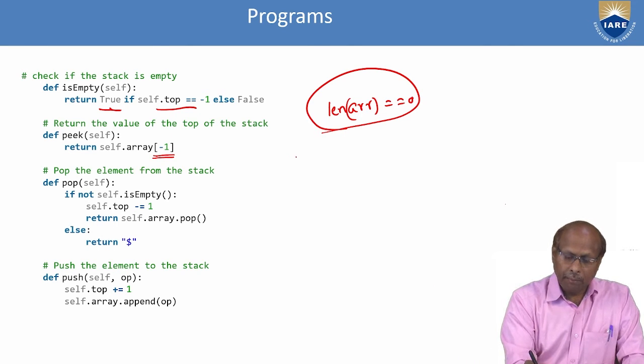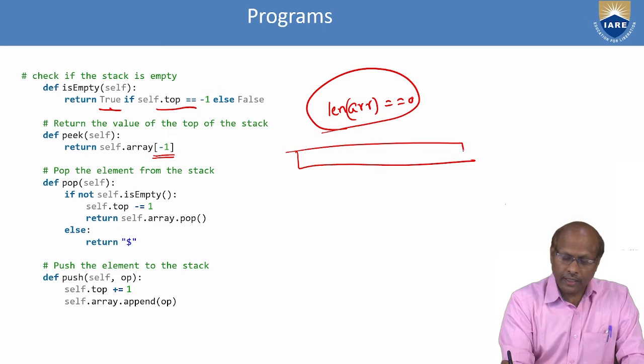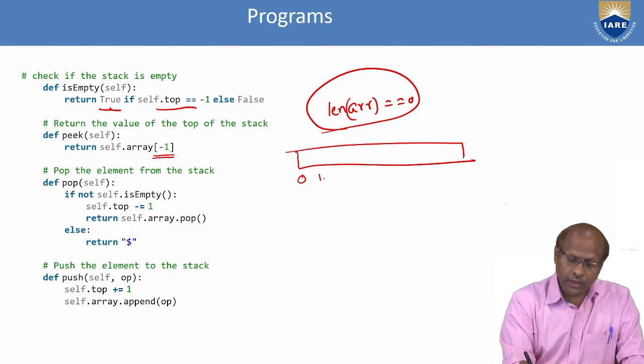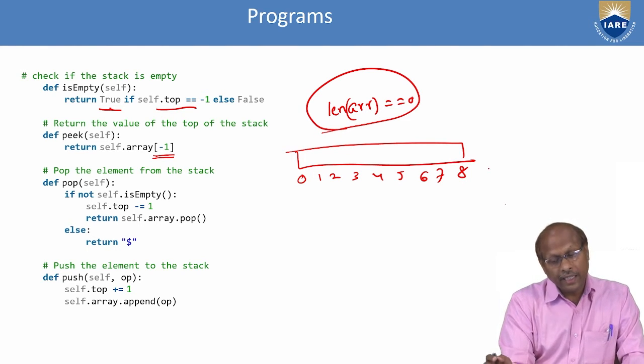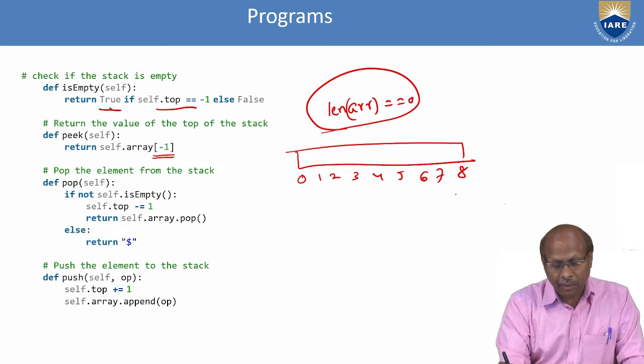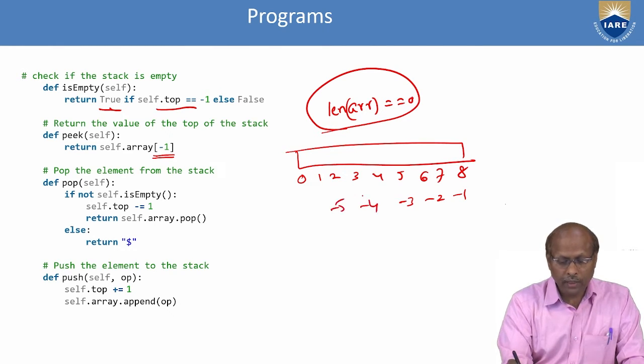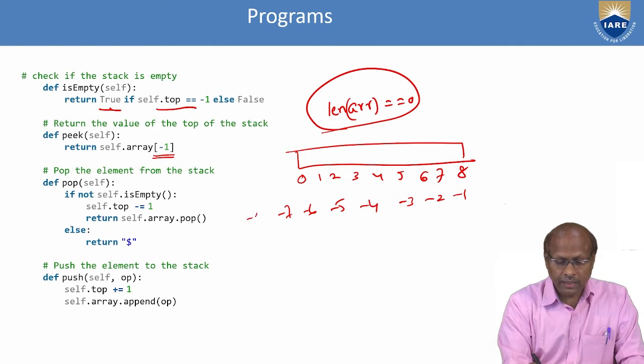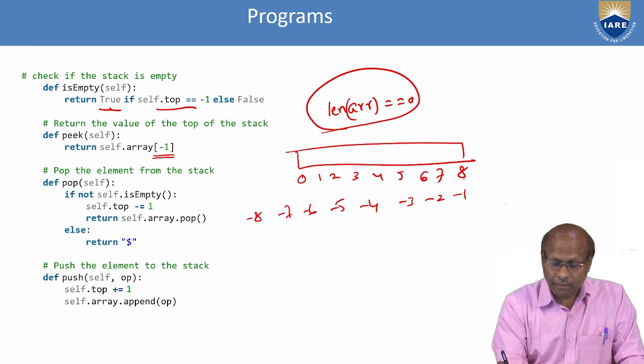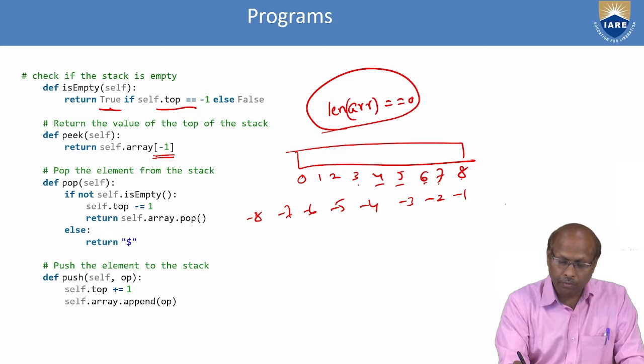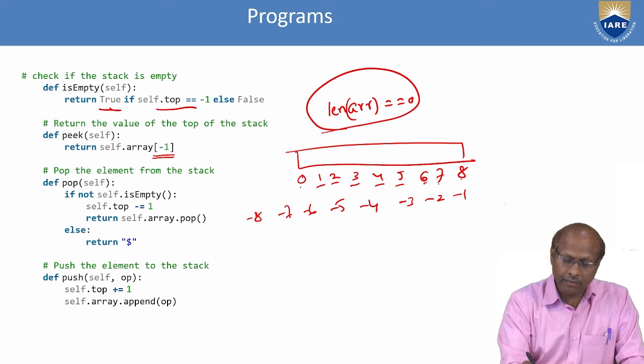Remember, in Python, when you store the data, the indices are 0, 1, 2, 3, 4, 5, 6, 7, 8, assume up to this data is there. But when the negative index starts, the -1 starts from here: -1, -2, -3, -4, -5, -6, -7, -8, -9.